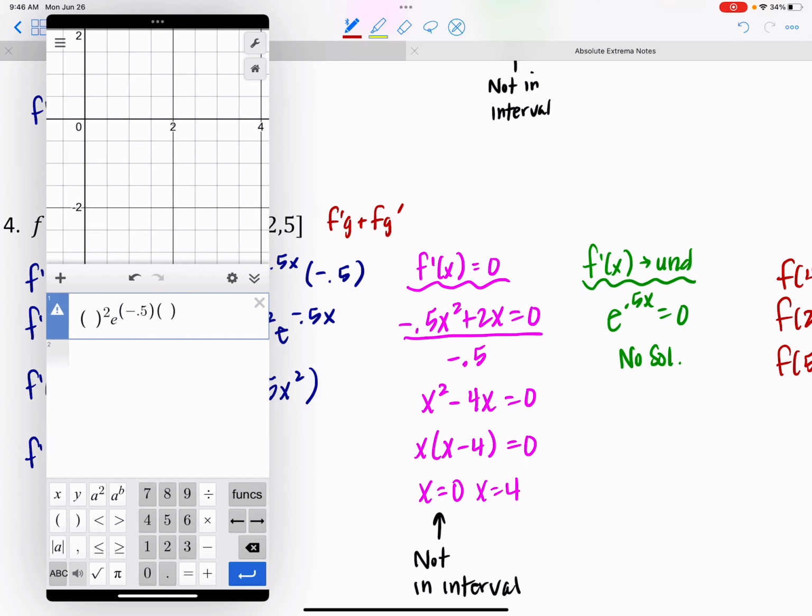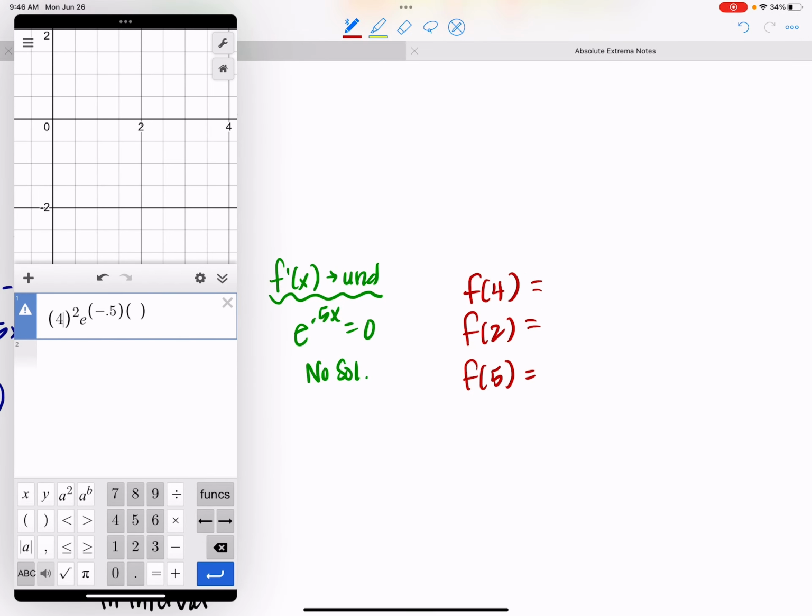Okay, so first I'm putting in an x value of 4, and I'm going to get approximately 2.17-ish, and then I'm going to put in a 2, and I'm going to get about 1.47, and then I'm going to put in a 5, not a 25, a 5, and get about 2.05.